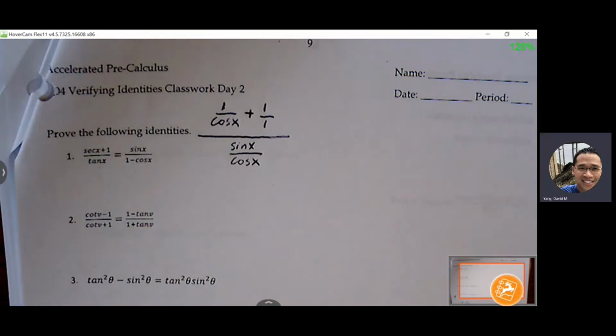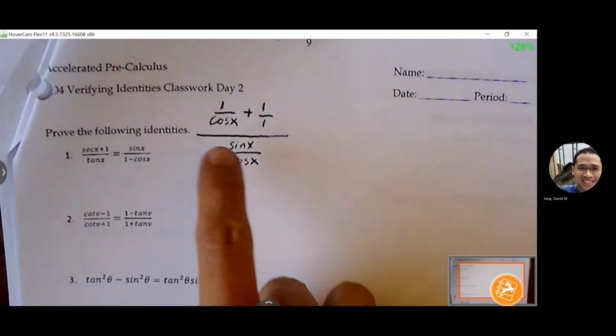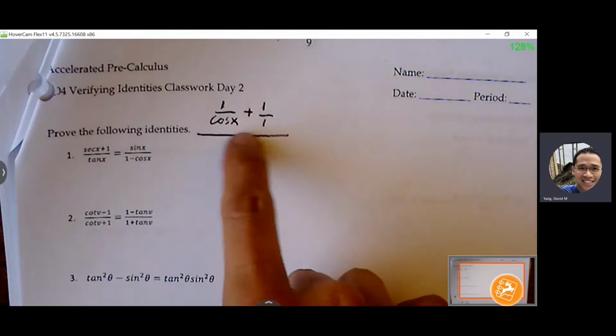We have an added complexity here. We are going to bring that denominator to the top. We are going to multiply by the reciprocal, but we need to handle this numerator. We want this to be a little cleaner.